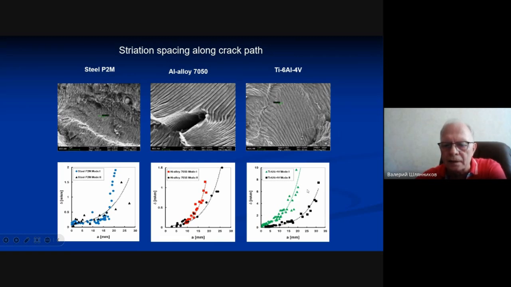And you can see that the differences between mode 1 and mixed mode loading conditions depend on the properties of the materials. I would like to remind you that fatigue striation appears only in the plastic region at the crack tip.